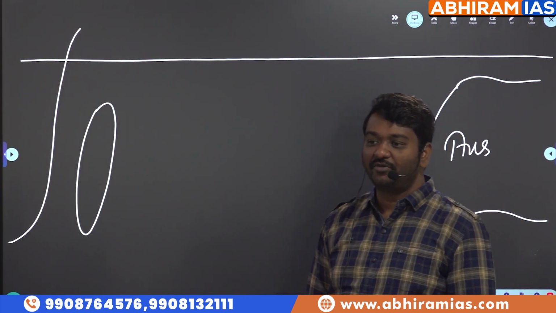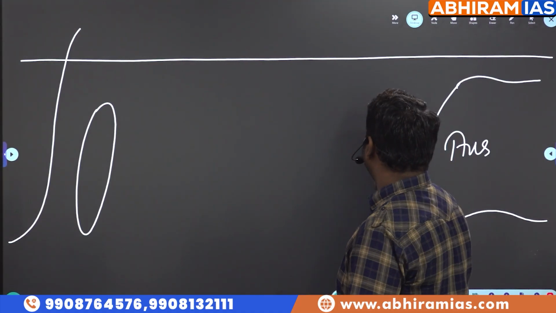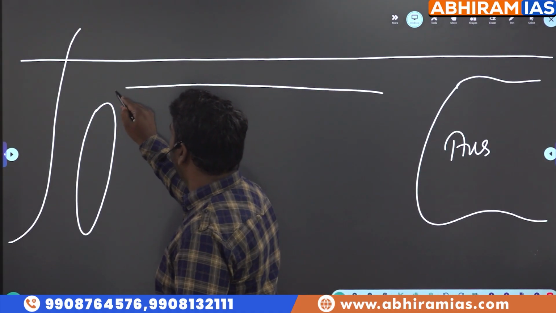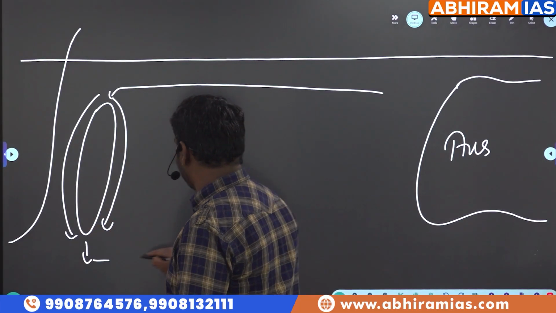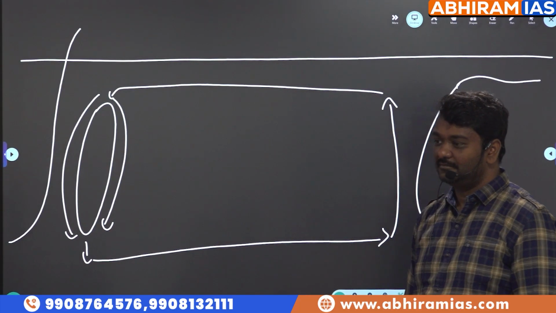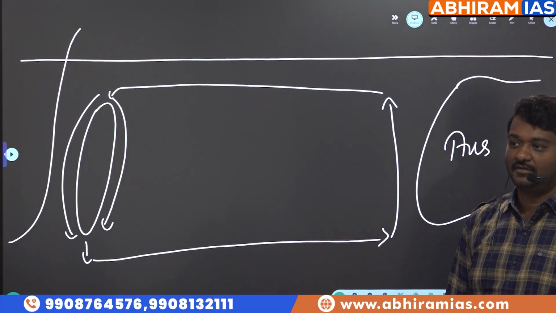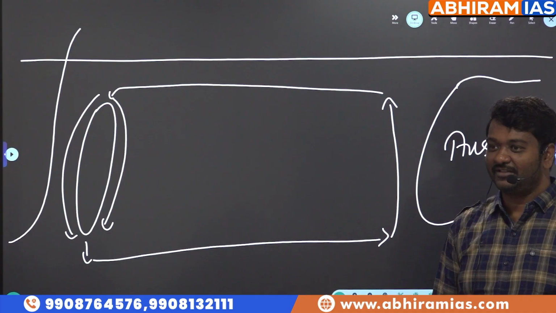Now can you tell what we should do? Clockwise or anti-clockwise? Anti-clockwise. See here. Anti-clockwise circulation. If you get confused between clockwise and anti-clockwise, no one can do anything.